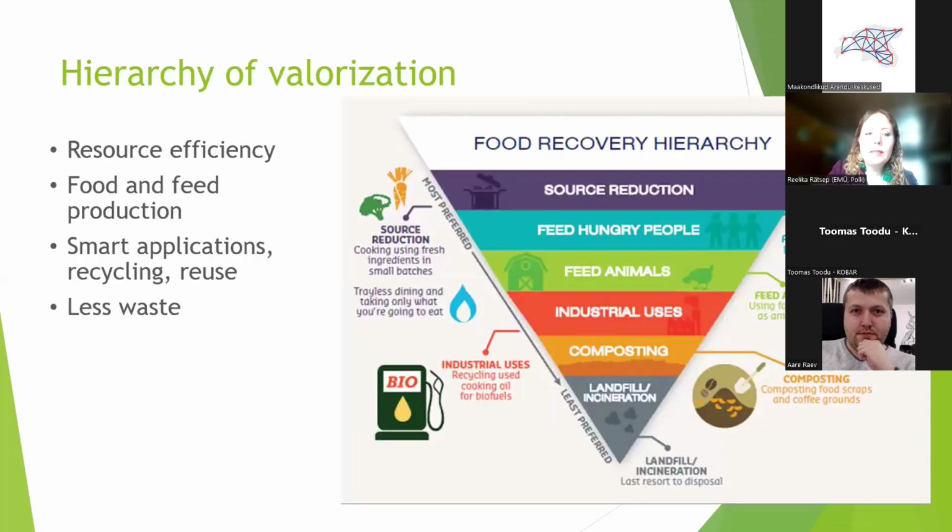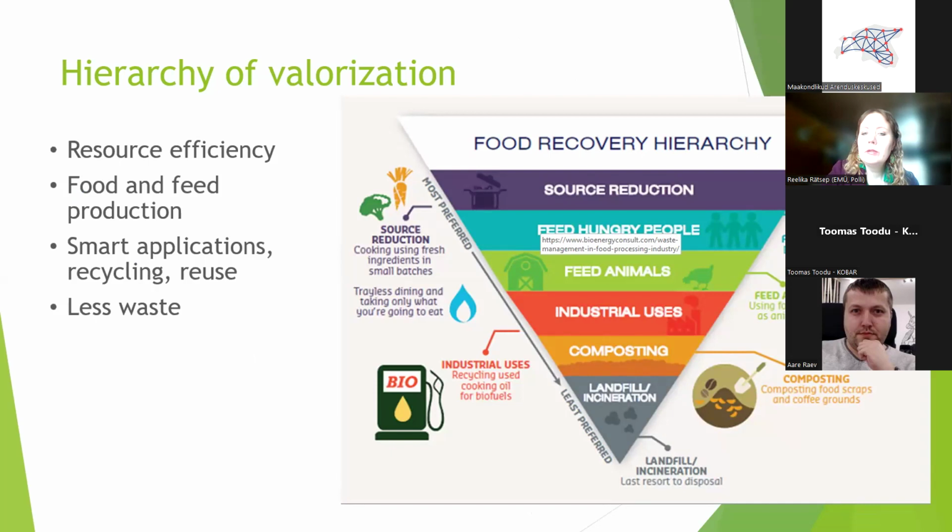So if we look at the hierarchy of valorization, then we know that nowadays the landfill is the last option that we should use when considering the wastes. So the composting is the second one with the least efficiency.